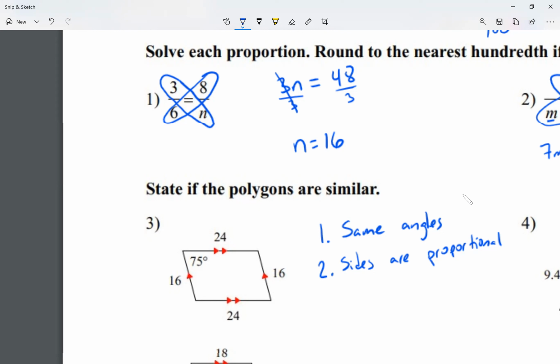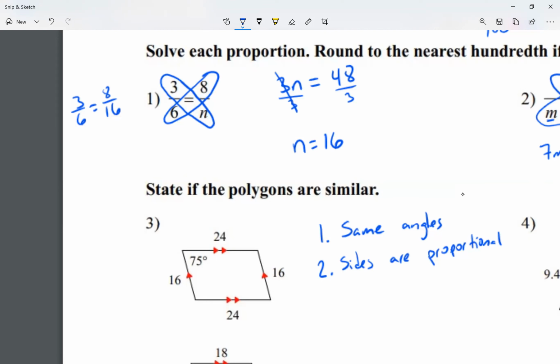That's what proportional means. Imagine I had my fraction 3 over 6, and then I had 8 over 16. Like I said, if I cross multiplied, I get the same thing. 3 times 16 is the same thing as 6 times 8. Right? If I cross multiplied, my result is the same.